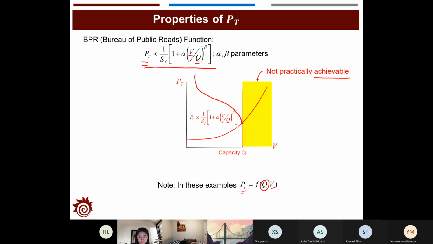So if the road has a higher capacity, definitely you can move your boundary to larger values, and this indicates that you're going to have a different relationship between the cost and the volume. So from all these examples, we know that PT is determined by the volume and also the capacity of the road.